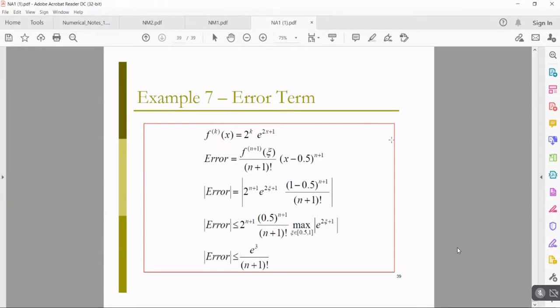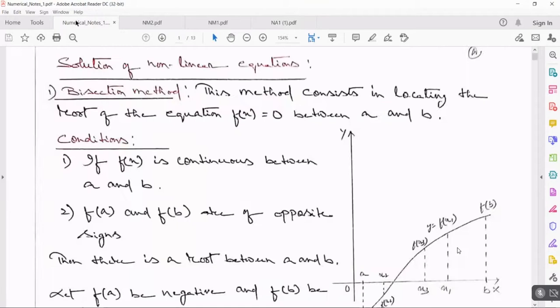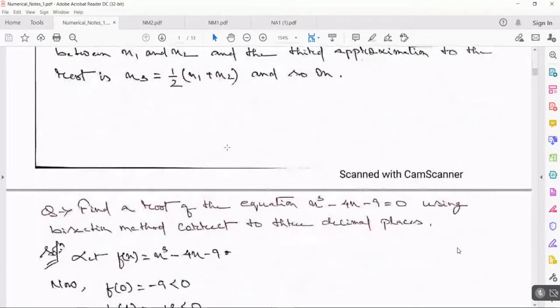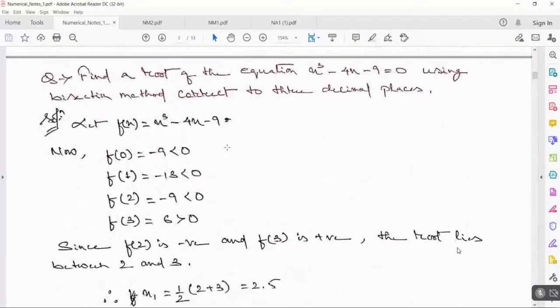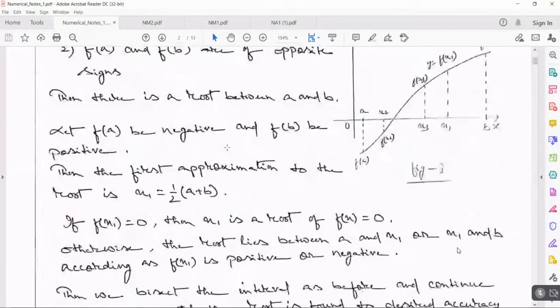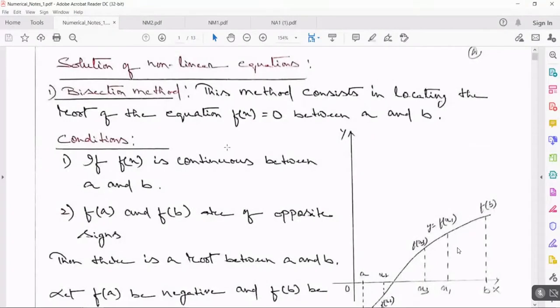For tomorrow we will start the solution of nonlinear equations, and we will first learn the bisection method. In this method we will learn how to obtain the roots of an equation, how we get the approximate roots. Today I stop here, and tomorrow we will start from the first topic, the bisection method.